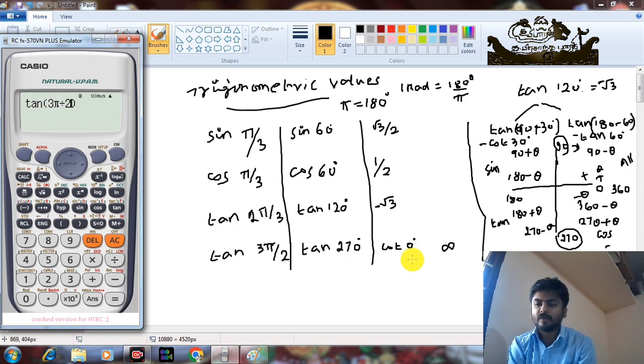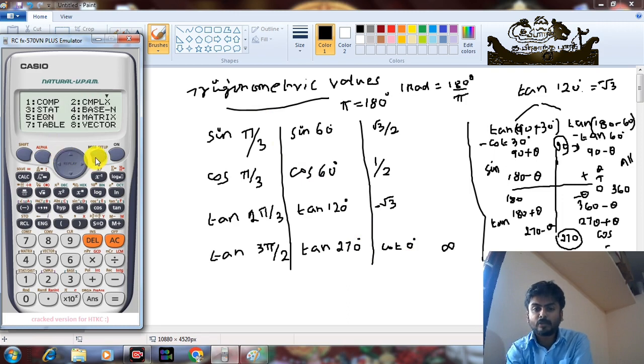The technique here is, if I am not using this radian mode, see, where is this radian mode?